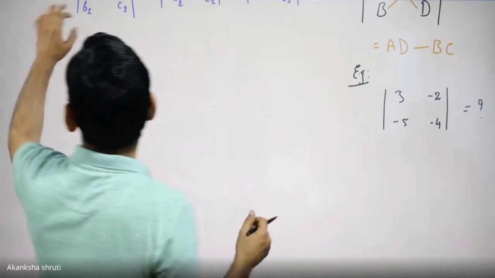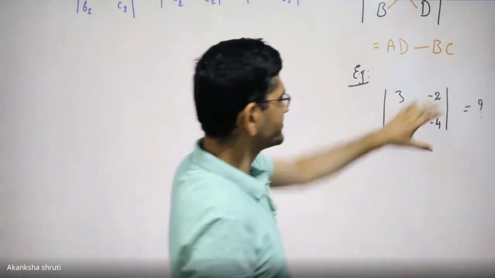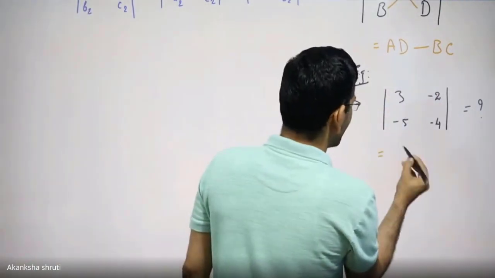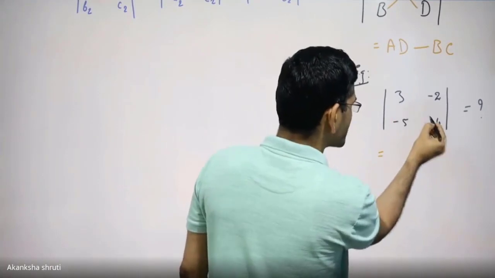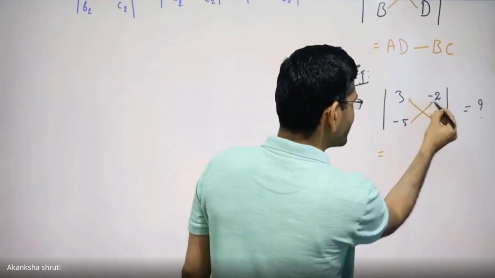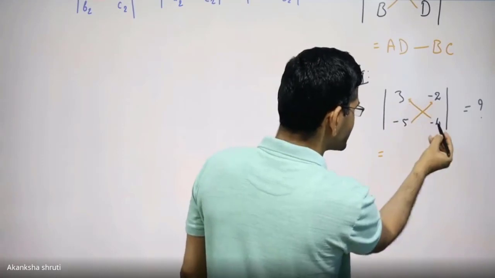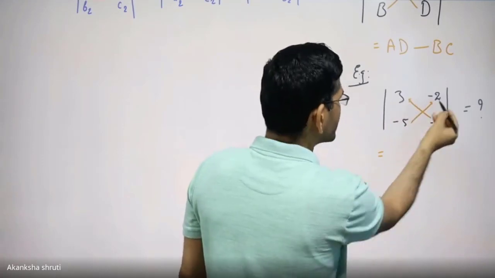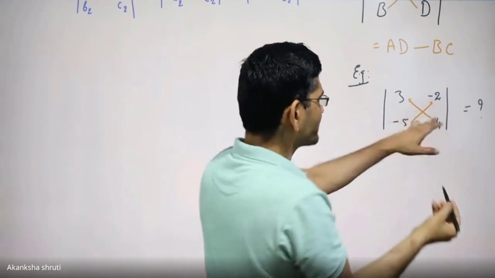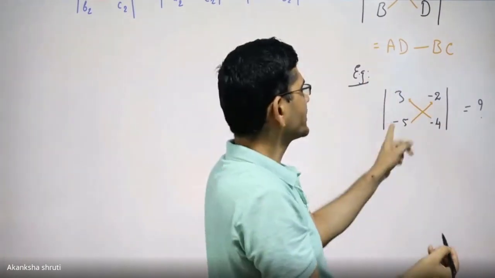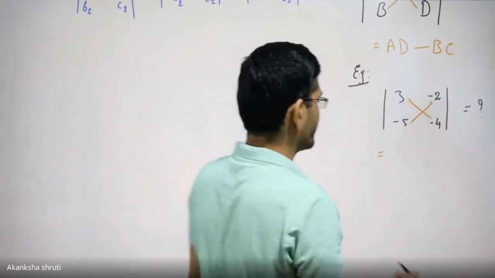It's very simple. Its value is given by cross multiplication. So leftward, you have to write left up first, and right up with the subtraction. That much is simple.